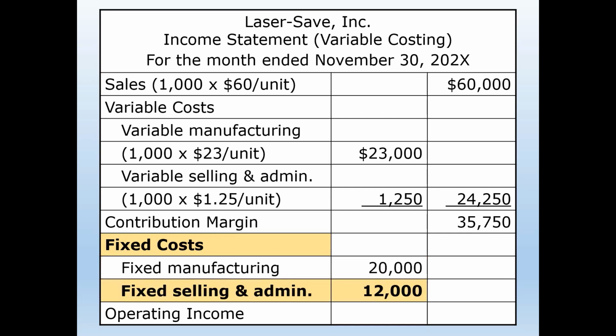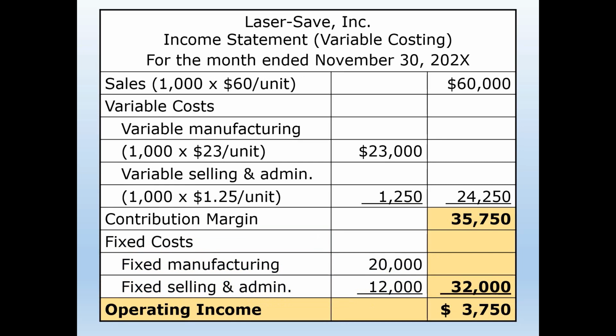Fixed selling and administrative is $12,000. Add those. Subtract the total fixed costs from the contribution margin, and that gives us operating income for November under variable costing.